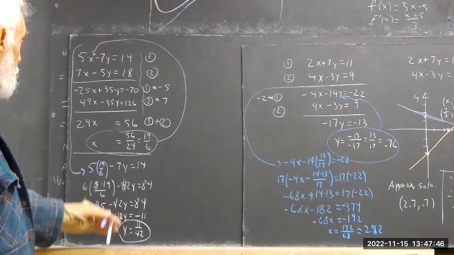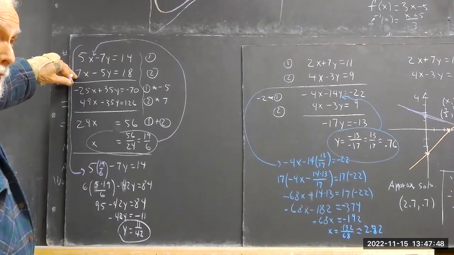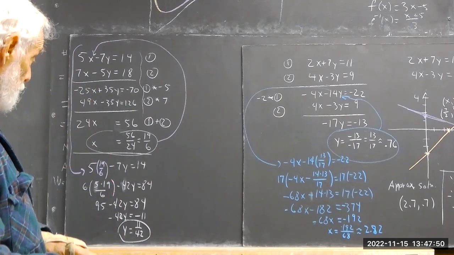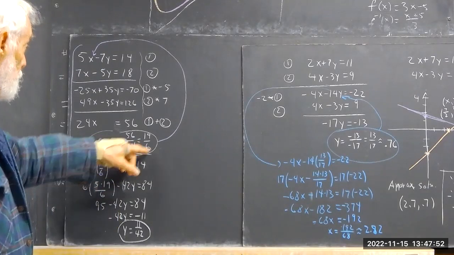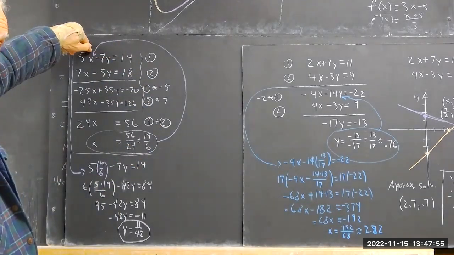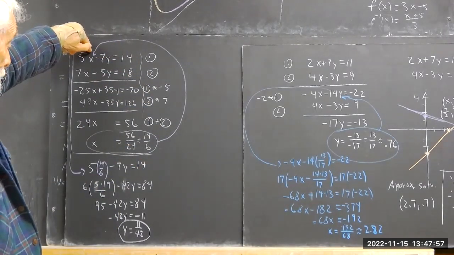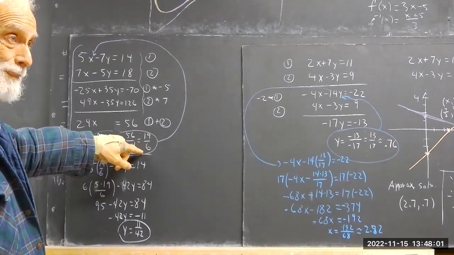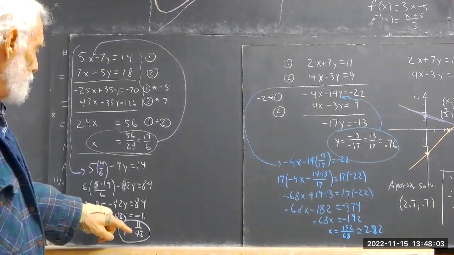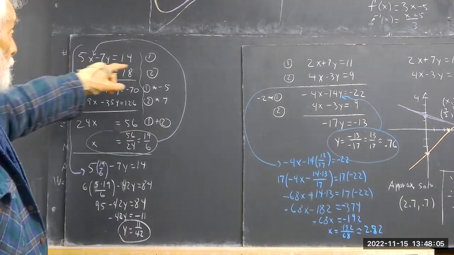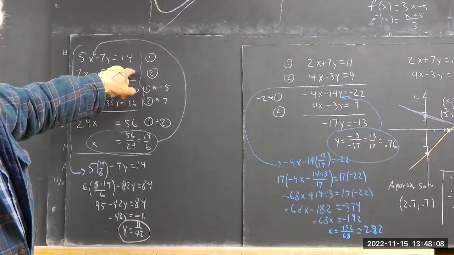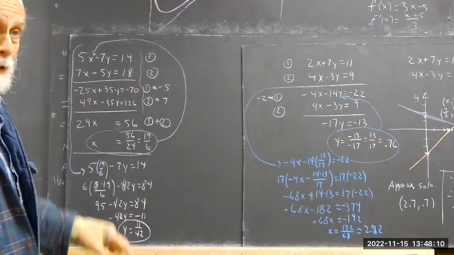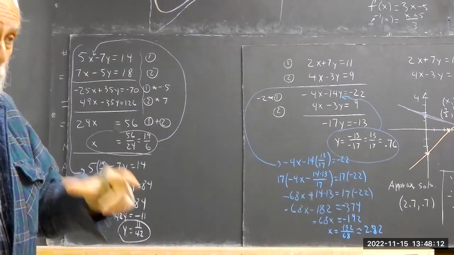Now I can take both of these numbers and plug them into the second equation. I plug them into the second equation because I plug my solution for x into the first equation. So even if this number is wrong, if you solve this right, it's going to give you a number y that makes the first equation true. But it doesn't necessarily make the second equation true. If you solved it right, it will.